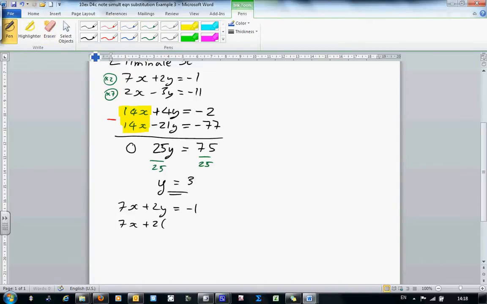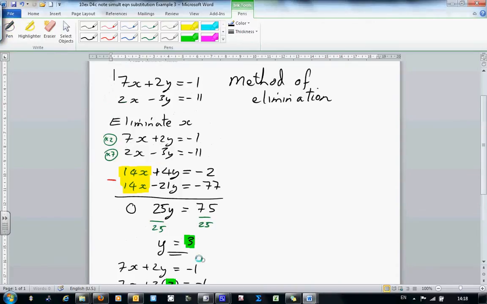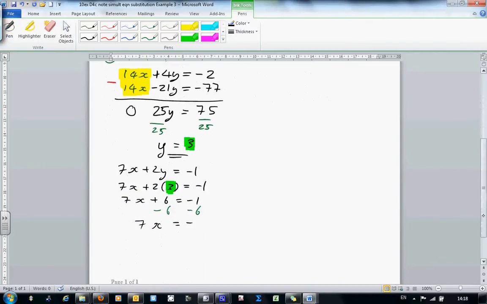So all I've done is taken the y value and substituted it into one of the equations. This is now 7x plus 6 is minus 1. If I take 6 off this side and take 6 off this side, this will leave me 7x up there and negative 7, whoops, and negative 7 there. Divide both sides by 7, ends up with x is minus 1.